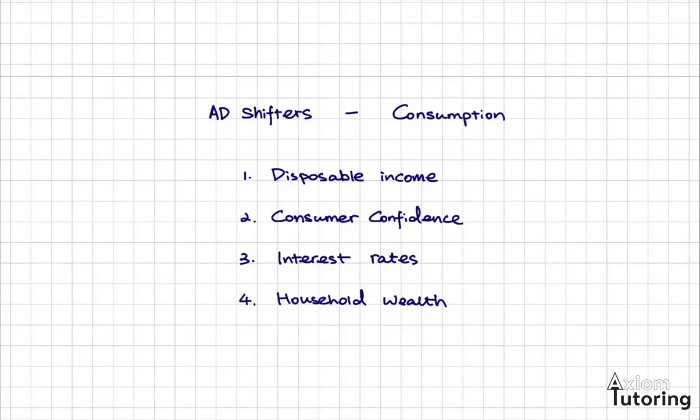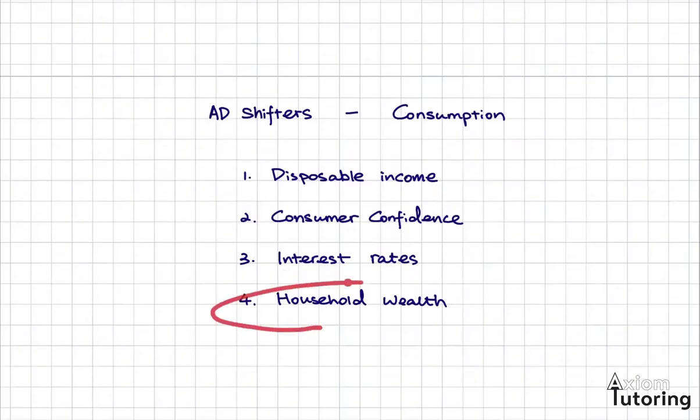Therefore, lower interest rates mean cheaper borrowing and lower debt repayment, and that leads to higher consumption, causing aggregate demand to shift rightwards. However, savers receive less interest income, so the final effect may vary between different households.